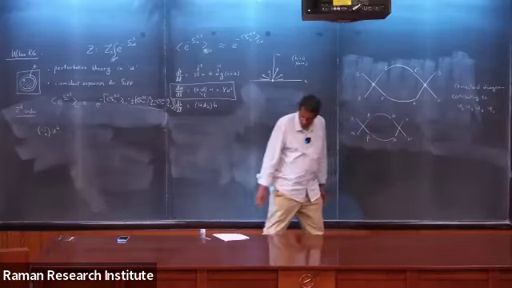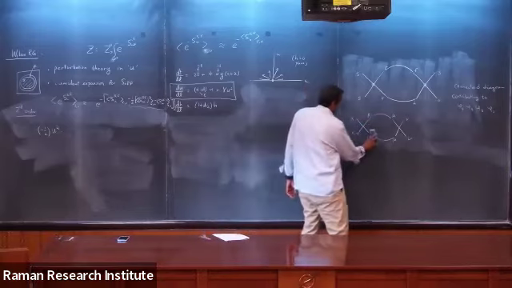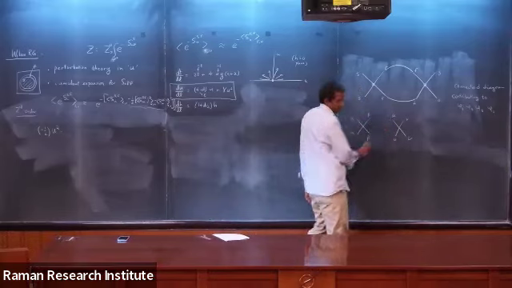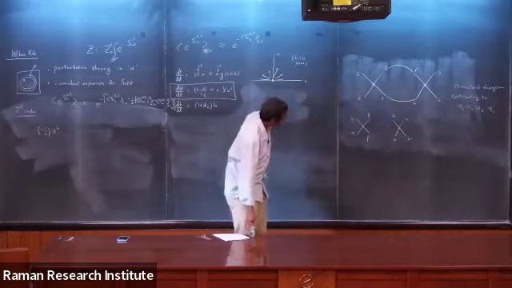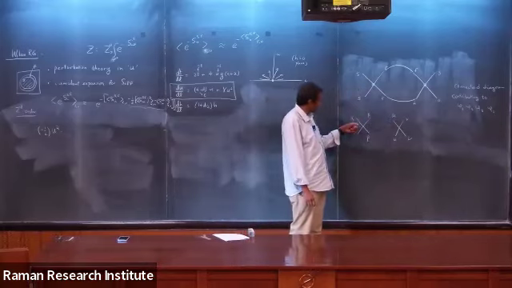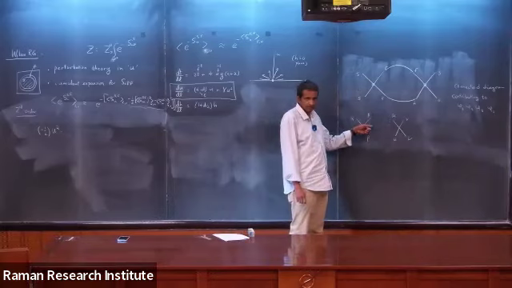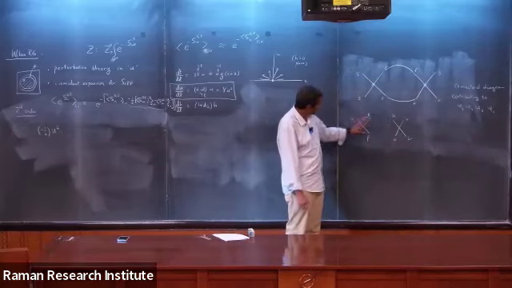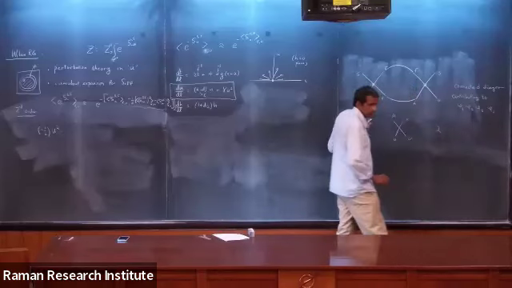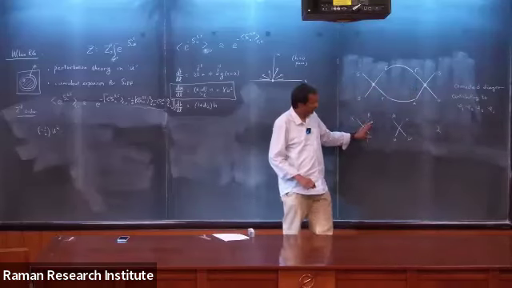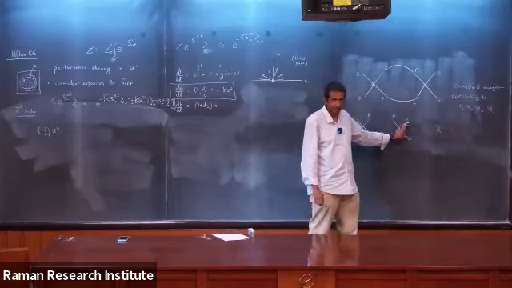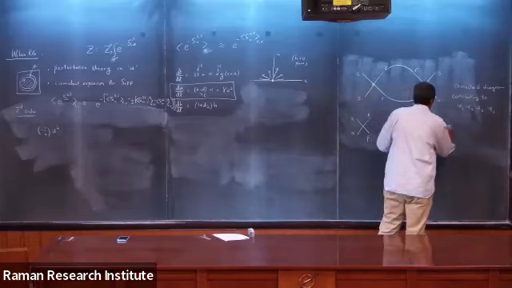And I just have to count how many of these types of diagrams there are that will survive in the end. So the way you do this is to say, well, I have 2 ways of picking the fast fields. I could have picked these 2 or these 2, right? So that gives me a factor of 2. Similarly, I could have picked either these 2 or those 2 from the second one. So that gives me another factor of 2.